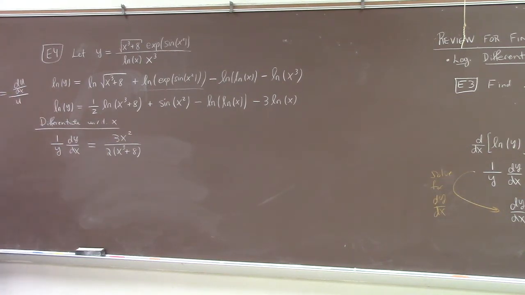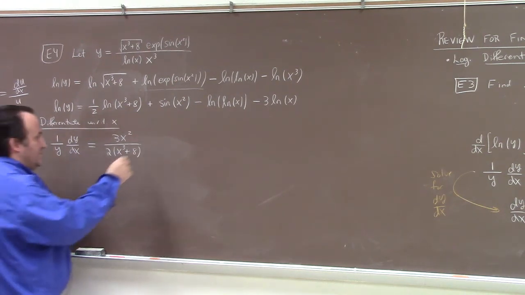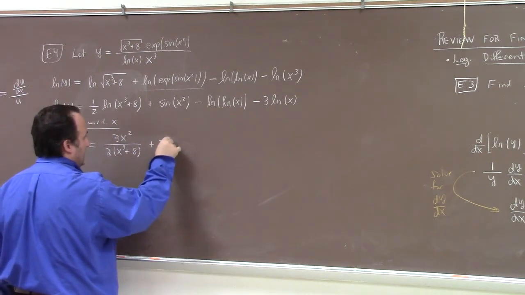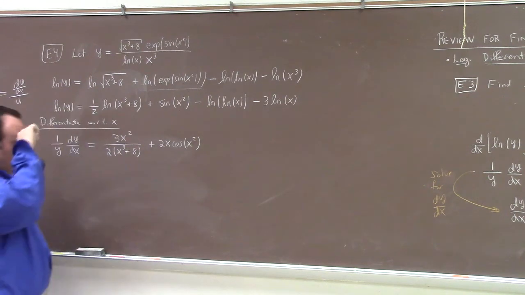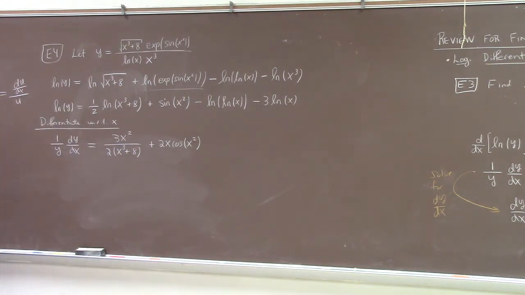Of course, the second term I don't do that because I've got the derivative of sine of x squared, which is just plus 2x cosine of x squared, right? So I put the 2x first because it looks nicer. If you wrote cosine of x squared times 2x, that would also be fine.